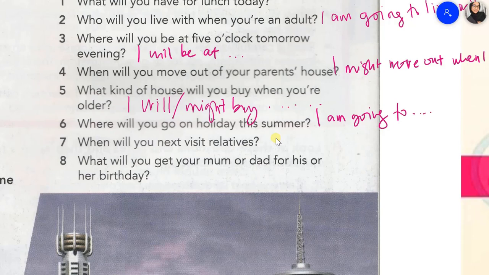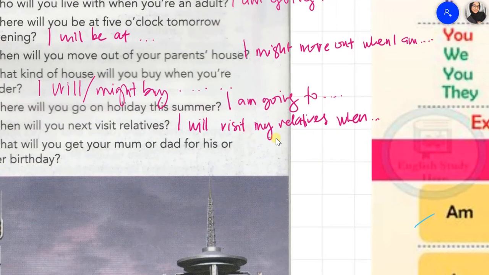And number 7, when will you next visit relatives? I will visit my relatives when blah blah blah. When, or maybe you could use during.